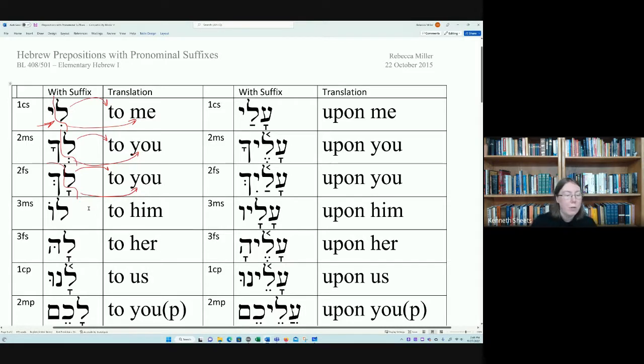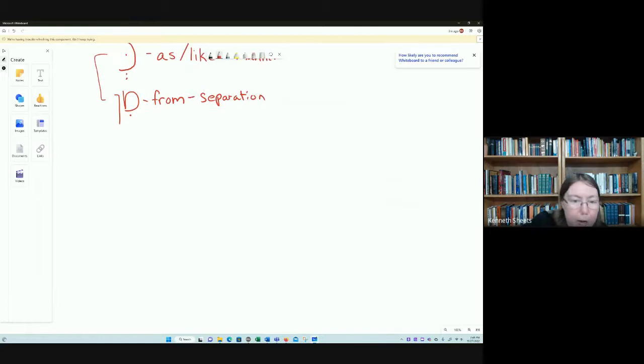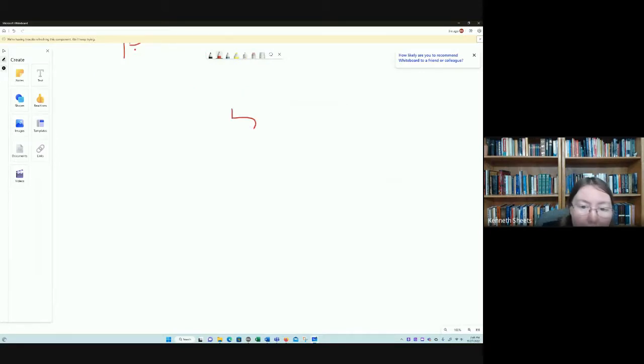So lak, to you. And then you can also see lo. So you have, again, the Lameth preposition with the third masculine singular pronominal suffix as well there. Now, this form here, lo, is not to be confused with this form over here. And I'm just going to write it on the whiteboard. So this form here versus this form. This form here, the Lameth with the holem followed by the aleph, is going to be the negative adverb.